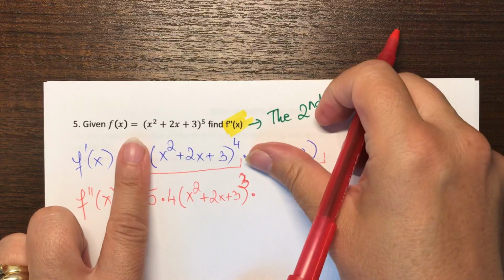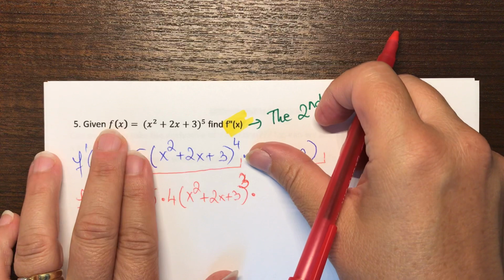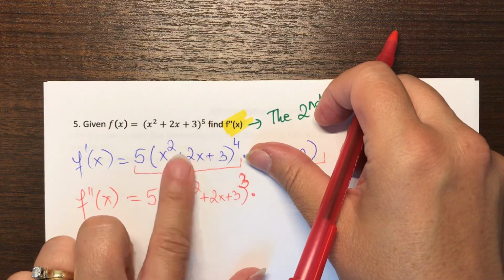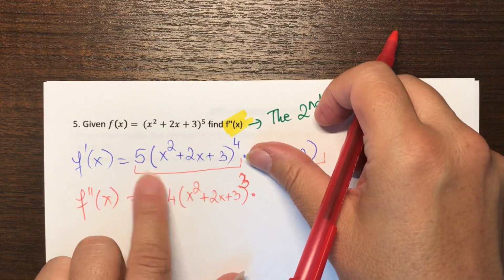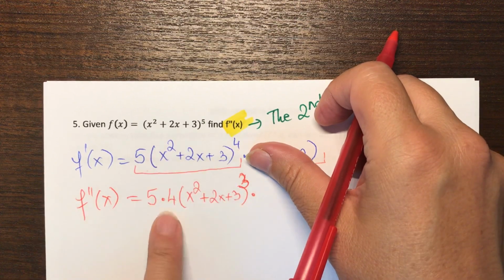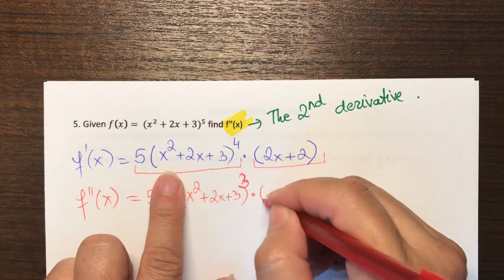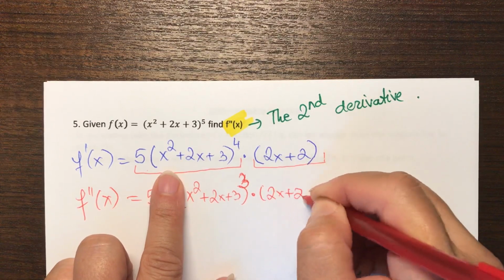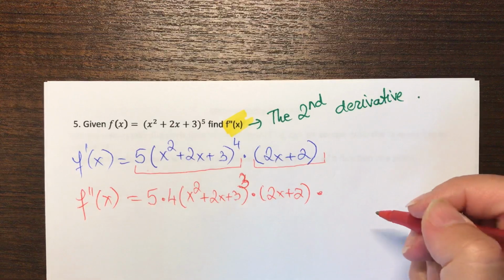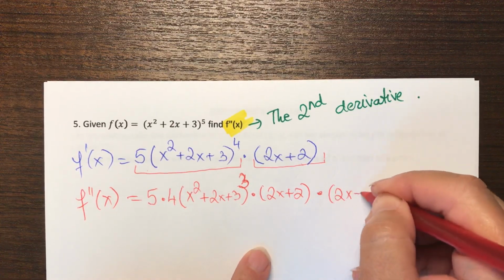Because now you need to move in and take the derivative of the inside, right? So it's a chain rule again. So I'm still about to take the derivative of the first. So it being a chain rule, take the derivative of the outside times, move on and take the derivative of the inside. That's a 2x plus 2. Times, I'm not done, the second factor, which is also a 2x plus 2.